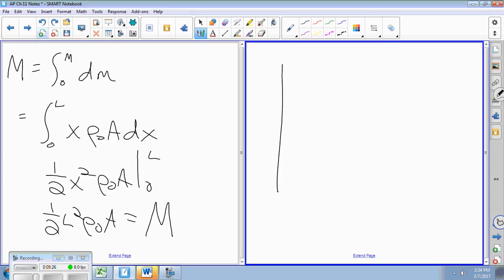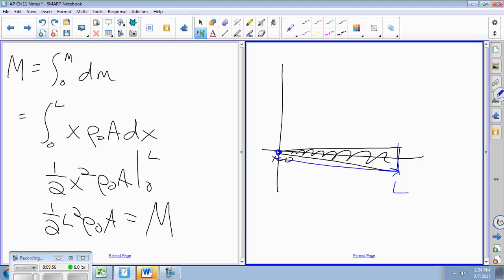But the idea is you've got a rod. Here's your number line, so this is x equals 0, and it's getting more dense as you go that way. It's not technically getting thicker, but it's getting denser. And so we're integrating from a radius of 0 out to a radius of L.